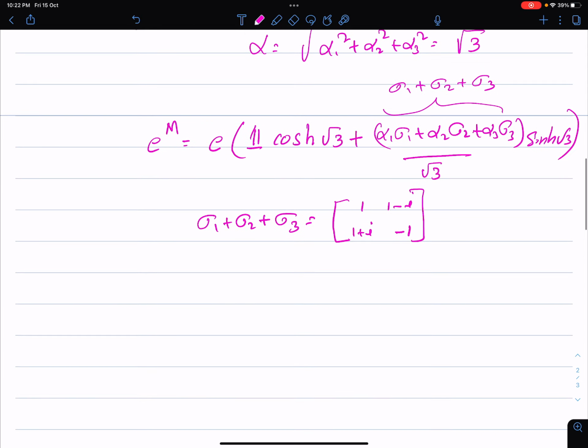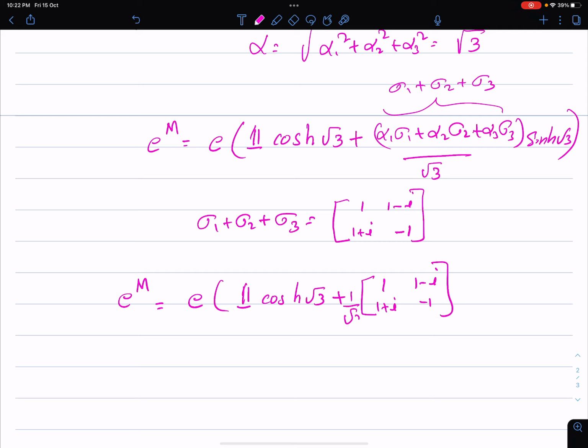So now you can write down your e power M as e into [I cosh root 3 plus the matrix 1, 1 minus i, 1 plus i, minus 1, times 1 by root 3, into sinh root 3].